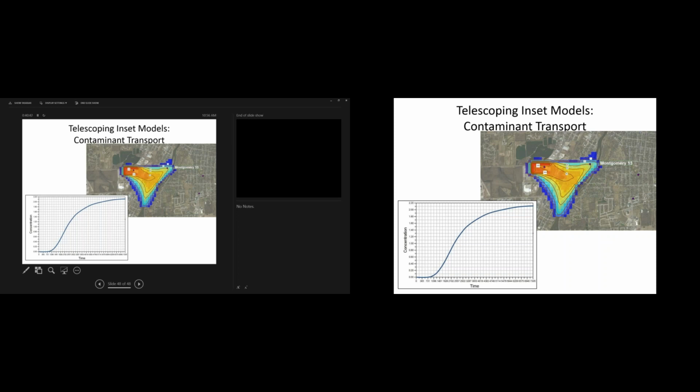IEPA used to model everything themselves, but as modeling has gotten more sophisticated, they're relying on us a lot more. And so it's a lot easier for them to come to us and say, well, what's going on here? And for us to do the modeling rather than them creating it from scratch, or us sending them our models and then them running the models.